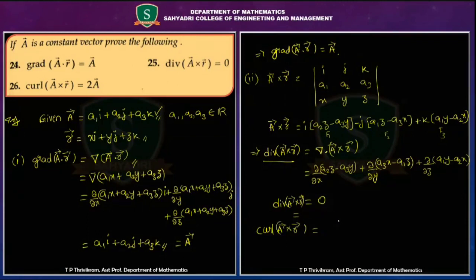The curl of a cross r is equal to the determinant with i, j, k; del by del x, del by del y, del by del z; and here a2z minus a3y, a3x minus a1z, a1y minus a2x. Find the determinant for this.